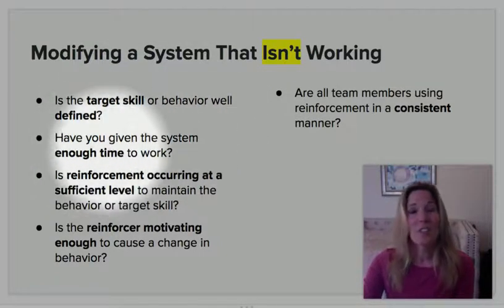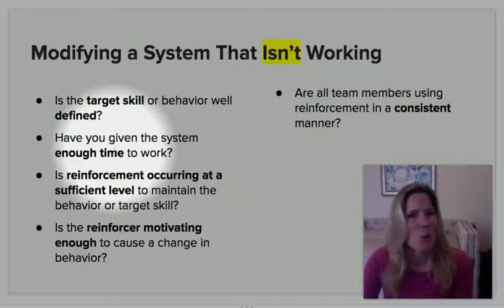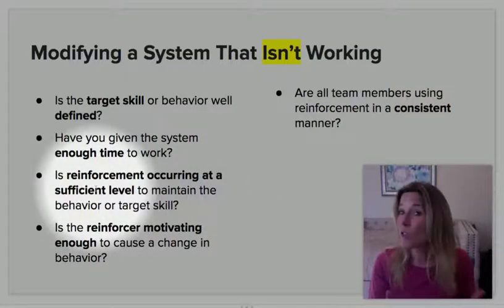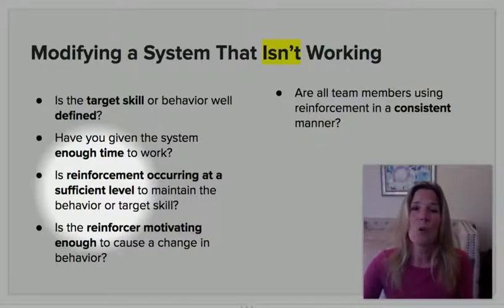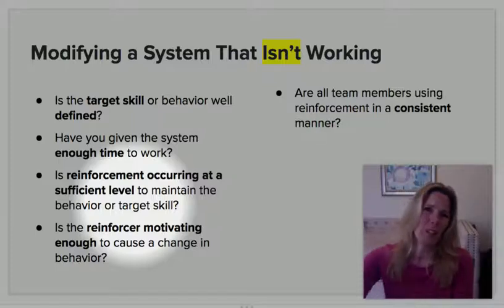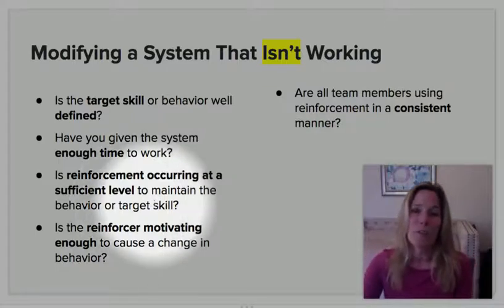Have you given the system enough time to work? 1 week, 2 weeks? Is reinforcement occurring at a sufficient level? Is it coming often enough that the student is staying motivated? Or are you forgetting to do it one day and another day you do it, 2 days you forgot, and now they don't believe that it is even real, so they don't even try for it.